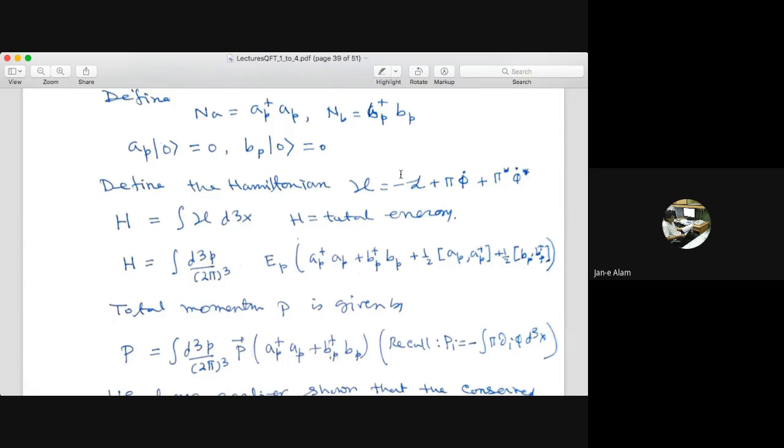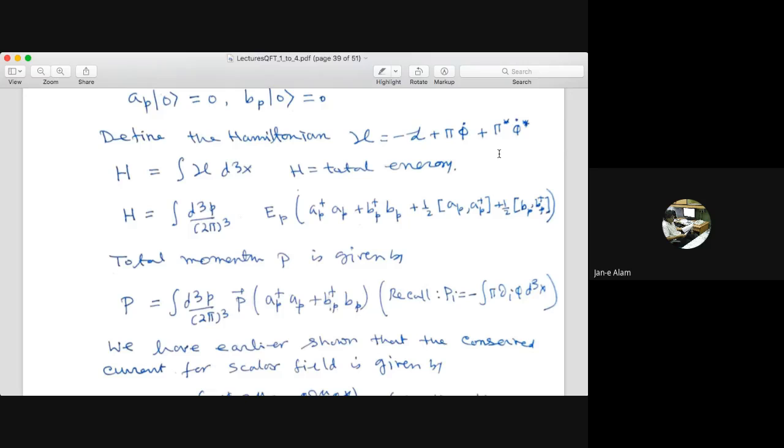Like in classical mechanics, if you have H equal to minus L plus P1 Q1 dot plus P2 Q2 dot, similar here. If you have more degrees of freedom, then the Hamiltonian will take this form. Now I know the Hamiltonian density. I can integrate over d^3x so that I will get the total energy of the system.